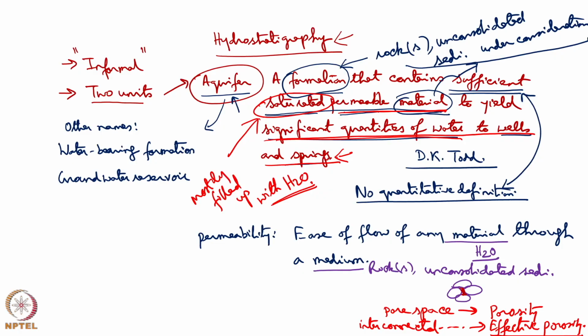Now, significant means how much? How many liters per day? How much should be the stock? That is not stated. So, again there is a second degree of qualitative definition, significant quantity, how much, no quantitative definition is available. There are other names for this aquifer: it can be water bearing formation or groundwater reservoir.